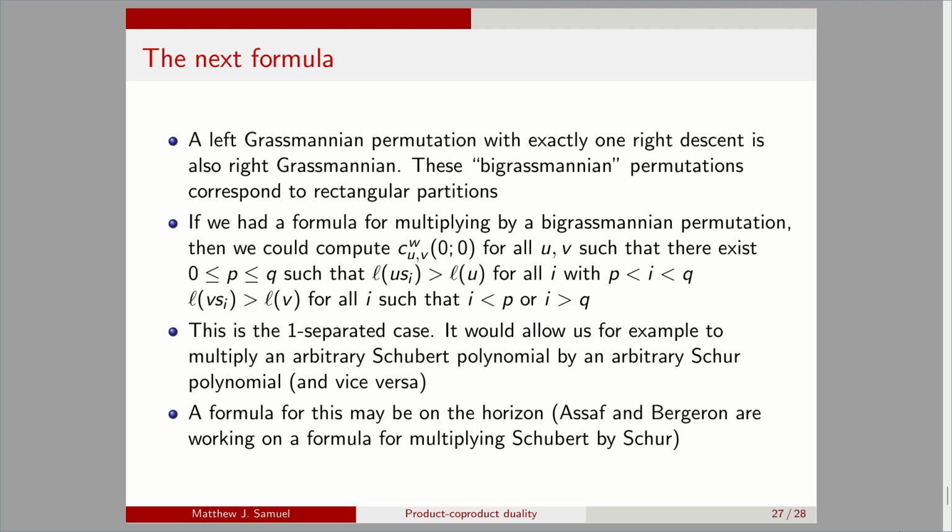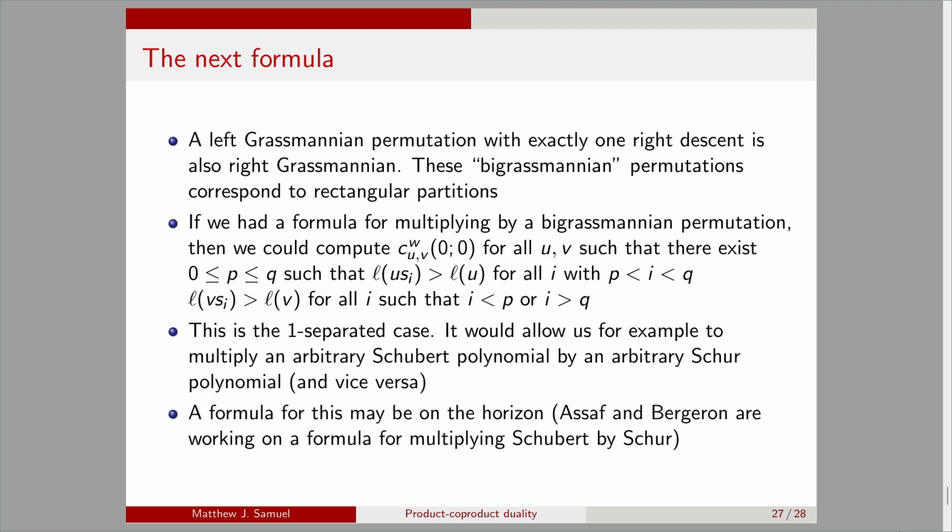So we don't even know how to compute the result when u and v are 1-separated. So let's discuss what 1-separated means. A left Grassmannian permutation with exactly 1 right descent is also right Grassmannian. It's sometimes called bi-Grassmannian, and these are Grassmannian permutations that correspond to rectangular partitions.